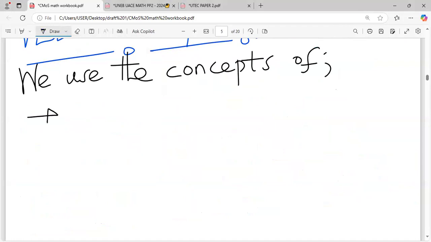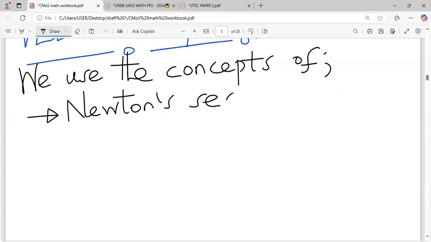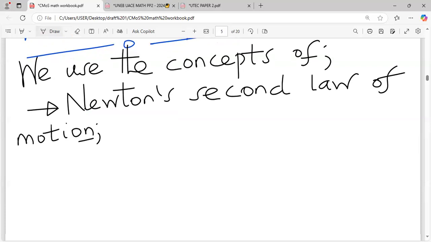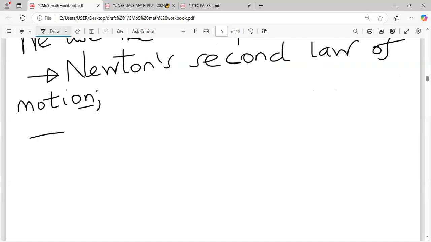we use the concepts of Newton's second law of motion. Then we use the concept of calculus.